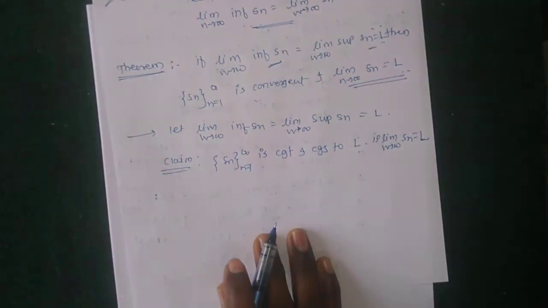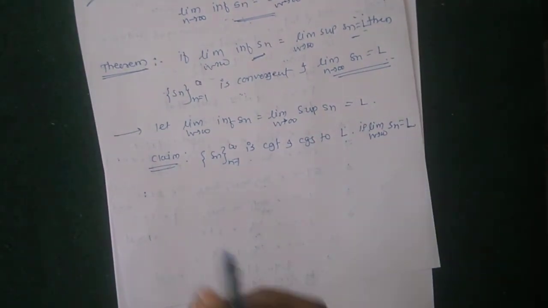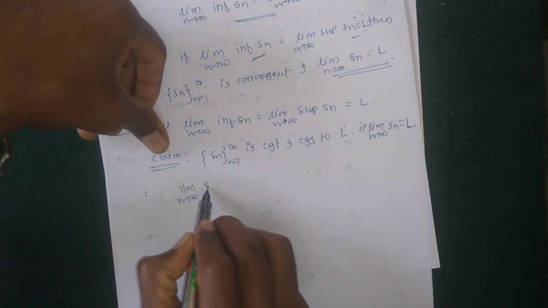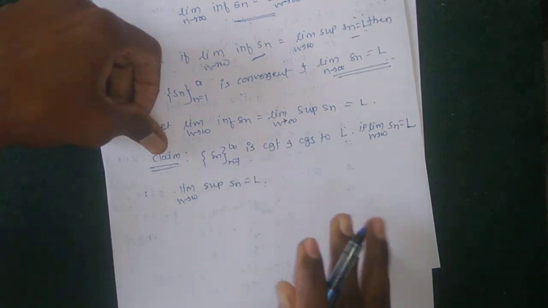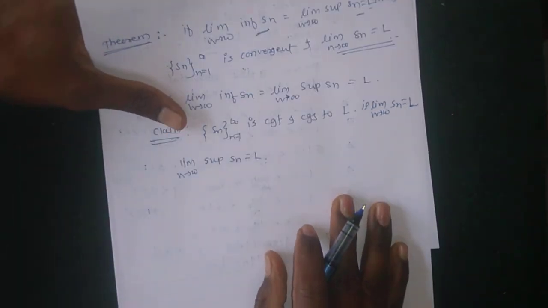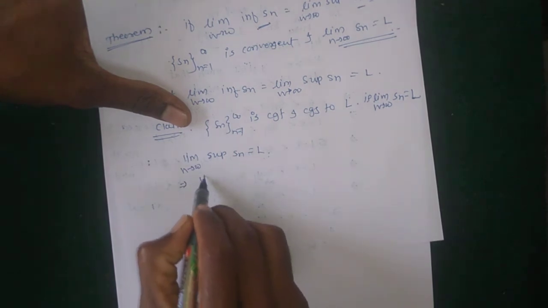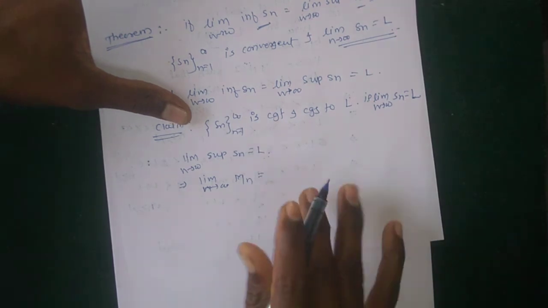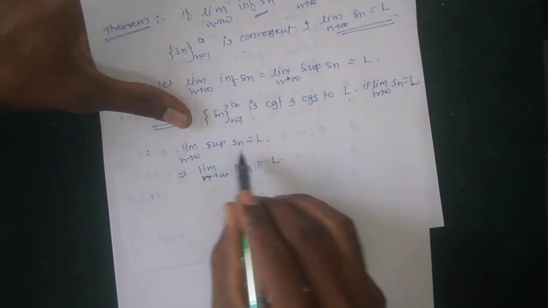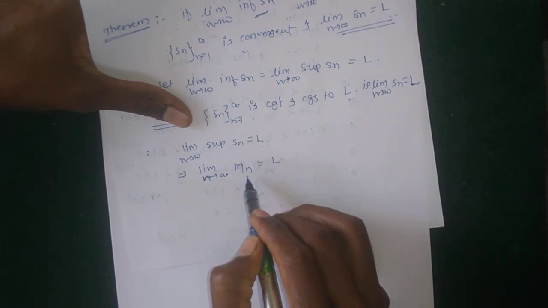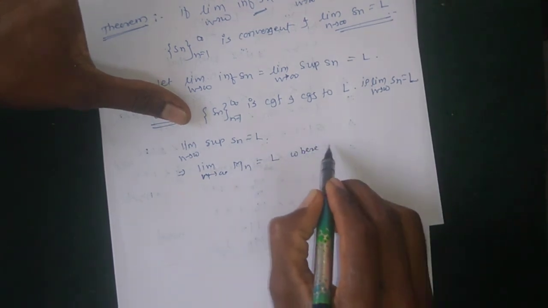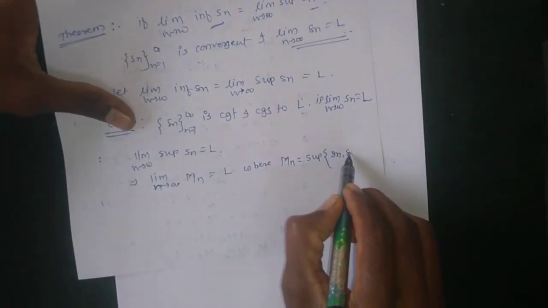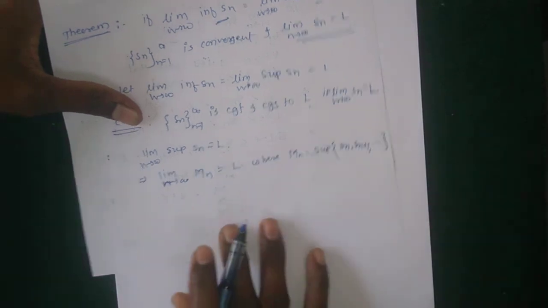Here it is given that the limit as n tends to infinity of the supremum of Sn is equal to L. Which implies that the limit as n tends to infinity of Mn is L. The supremum of Sn can be written as Mn, where Mn is the supremum of Sn+1 and so on.